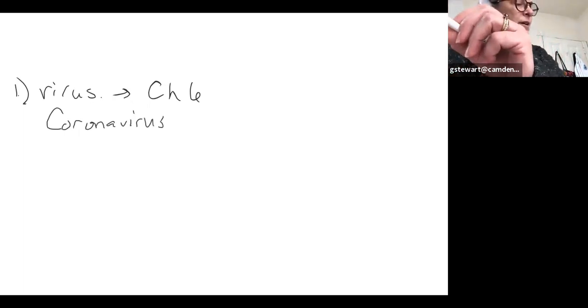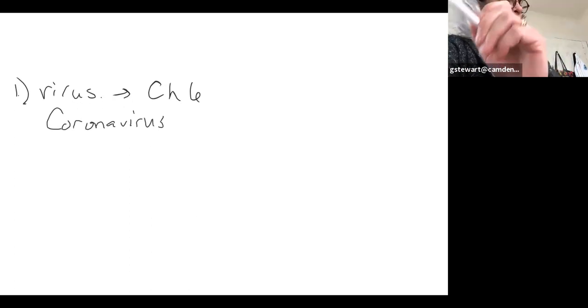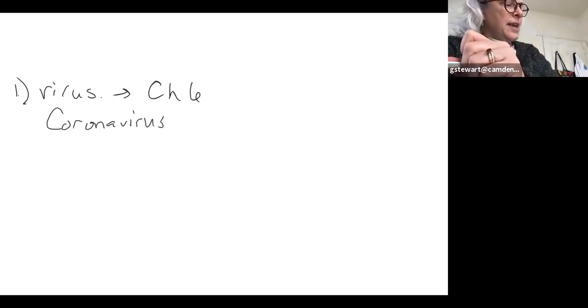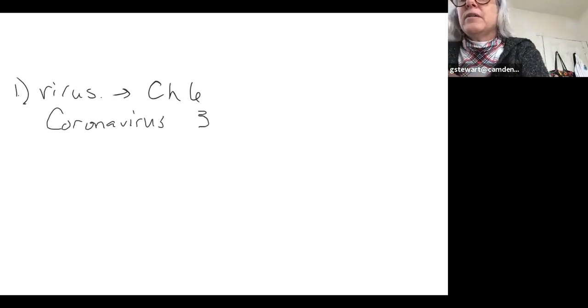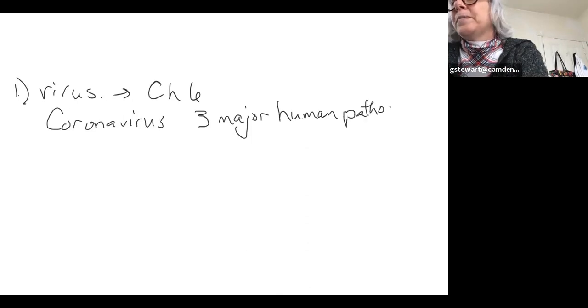Coronaviridae is the family. The genus is coronavirus, right? And clearly there are currently 3 major human pathogens. And I think all 3 of them affect animals as well, right?